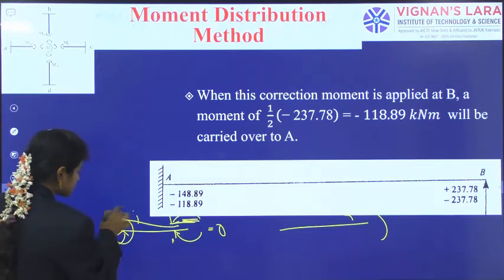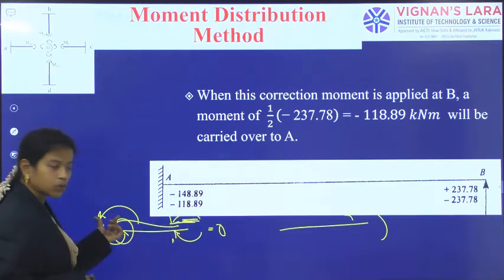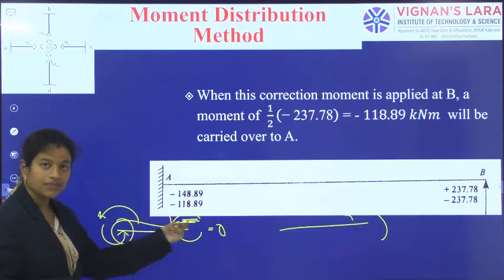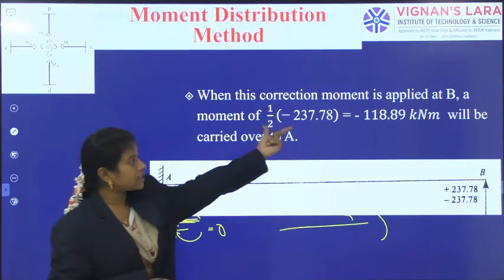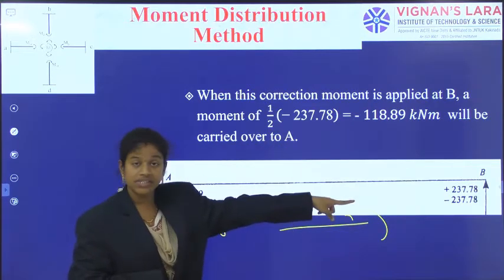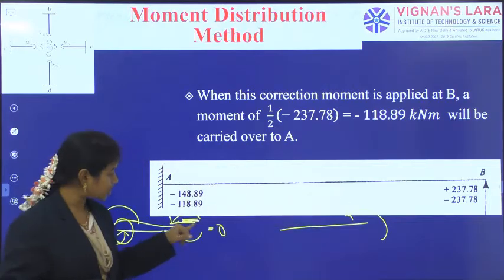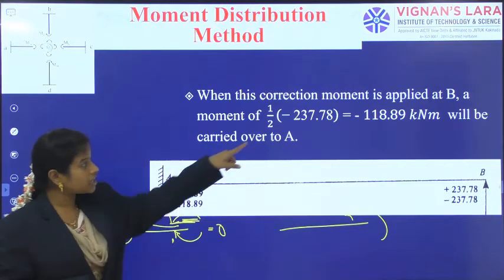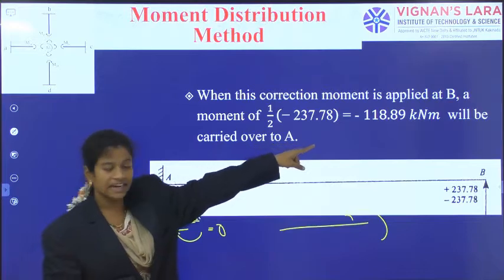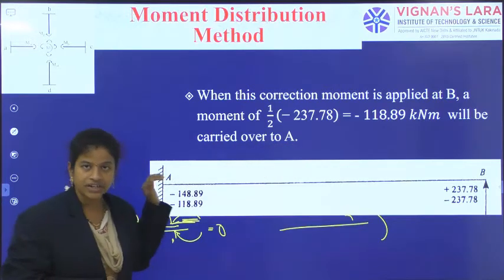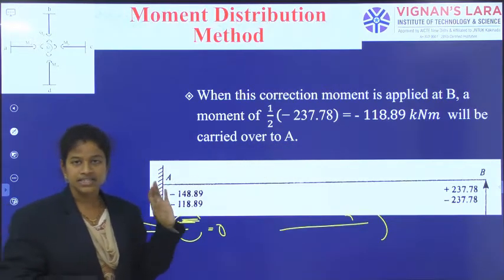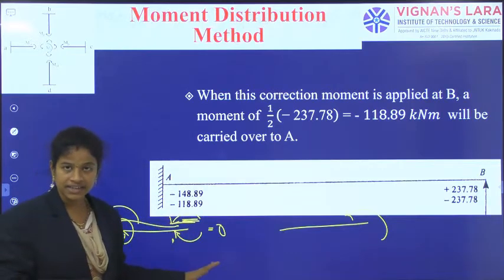So, half of the minus 237.7, with the same sign I should have to indicate here. Half of the value we have got as minus 118.89 kilonewton meter. That should be written at A. So, this is the process we should have to go for the next step.